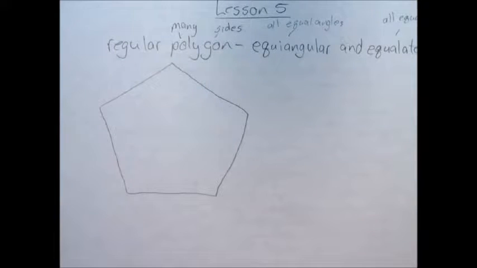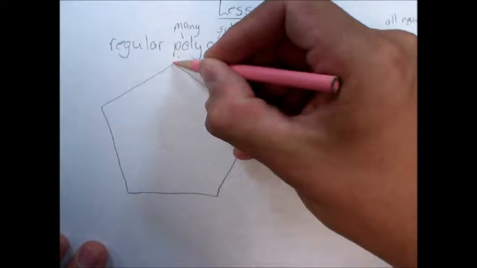Alright, so we're going to see if we can find the 5 lines of symmetry located in this particular regular polygon. They're really easy to find, guys. They're really not as hard as it sounds. I'm going to try to use different colors to make it a little more obvious and less confusing. First one, I'll use pink. I'm just going to split it right down the middle like this.